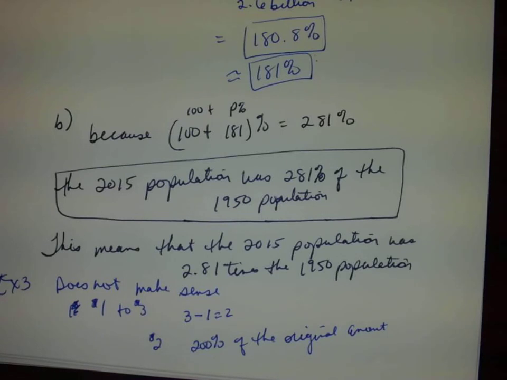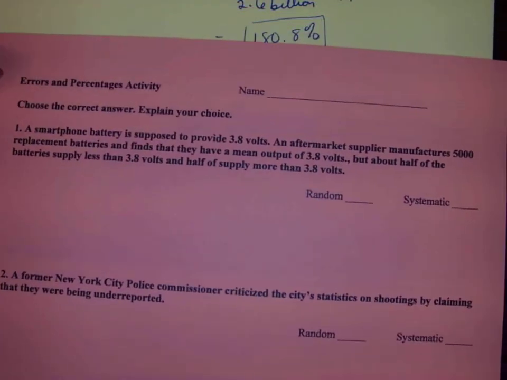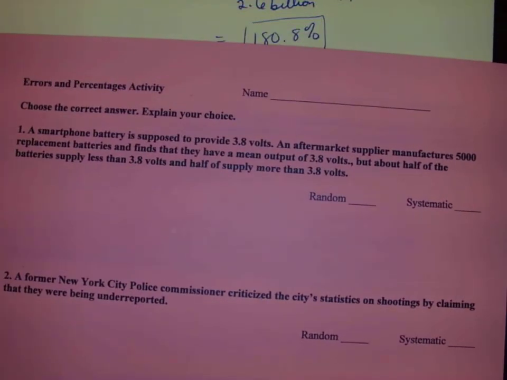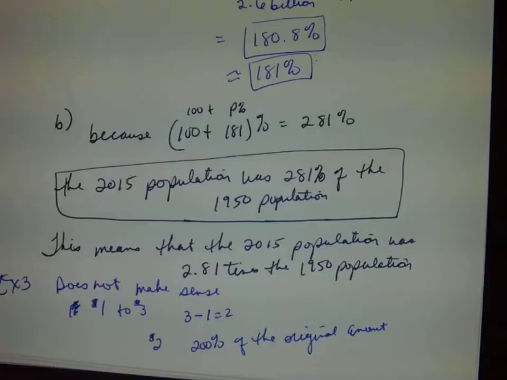All right, so you have your last set of homework for this section of material for your test. You also have another activity. This is for errors and percentages. So this went with the last section and this section, so make sure you do that. It's another 2-sided. You're finding the absolute and relative errors.